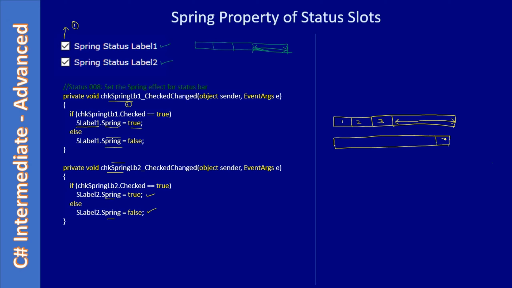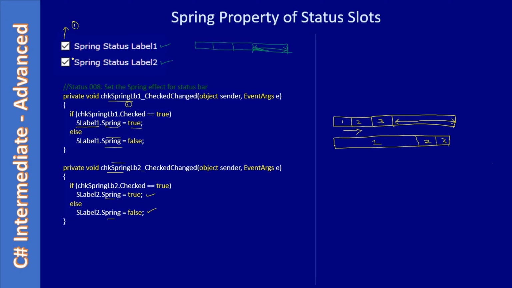So they occupy the same space, and you can see this space is completely occupied by 1. That means this is expanded to use this unoccupied space.